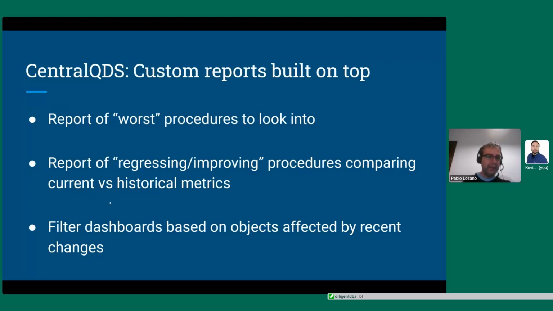Another one that we have is a report of regressing and improving procedures, comparing current and historical metrics, and we also usually use this to find out if there is any issue.